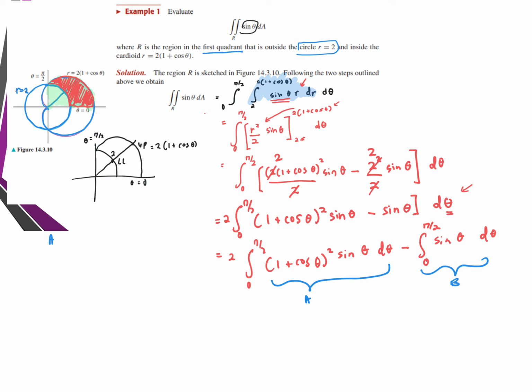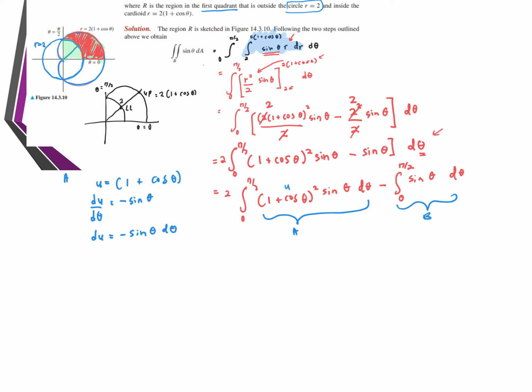So we let this one be equal to u. So u is equal to 1 plus cos theta. We differentiate this one, we get du over d theta is equal to negative sin theta. Then our du is equal to negative sin theta d theta. So from integral A, we have (1 plus cos theta) square sin theta d theta.